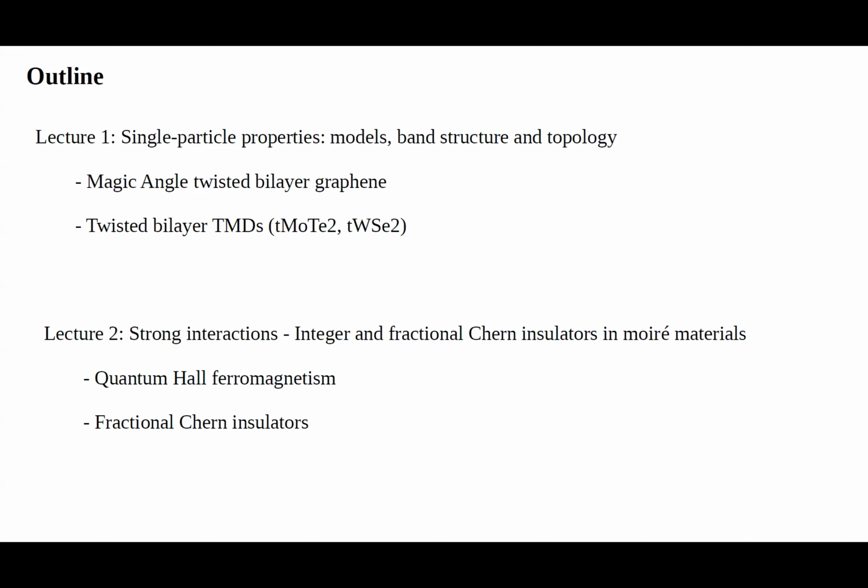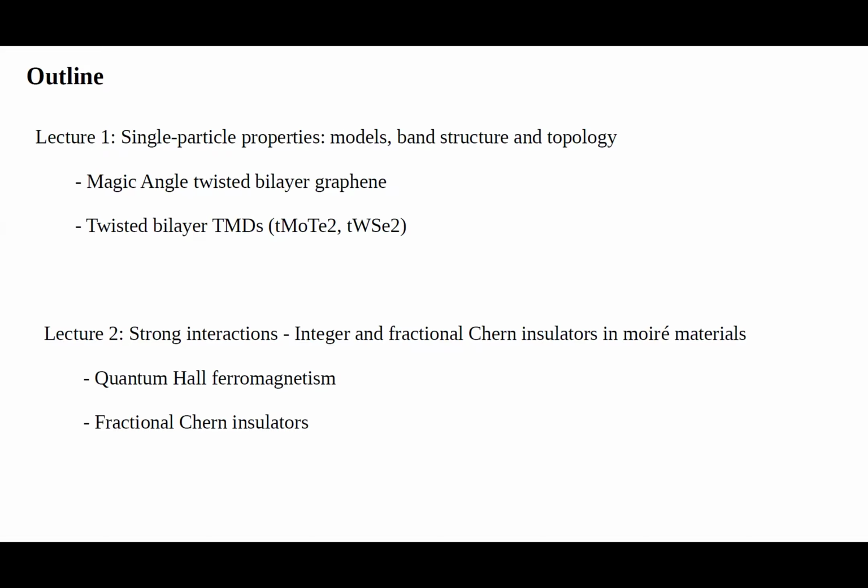And they're also going to set up the stage for lecture 2, tomorrow, where I'll be talking about strong interactions in these materials. So we have a flat band, and then we turn on interactions. More specifically, I'll be focusing on correlated insulators and on Chern insulators, both integer and fractional.